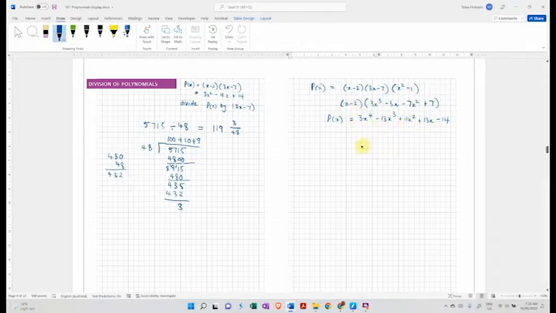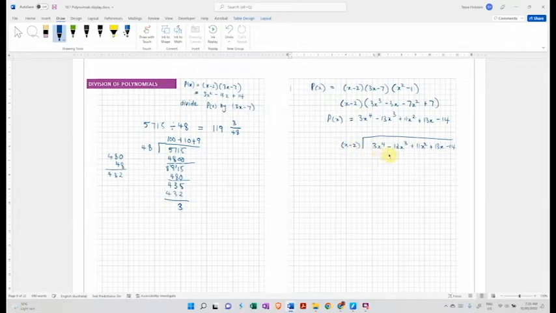So here we go. We've got 3x to the 4 minus 13x cubed plus 11x squared plus 13x minus 14. I'm going to put the long division bracket in there, and divide by x minus 2.